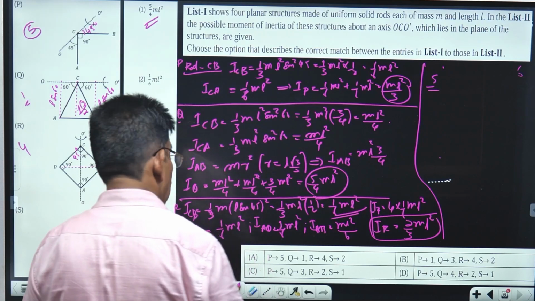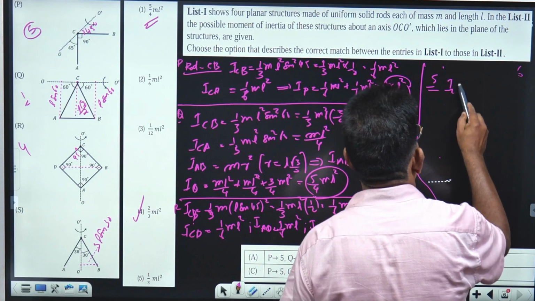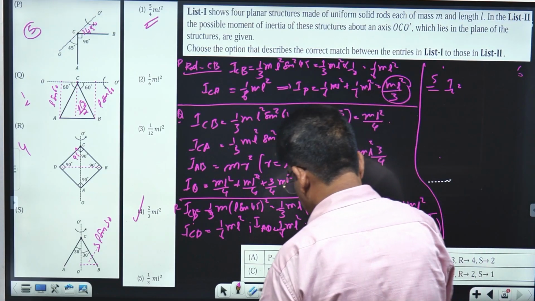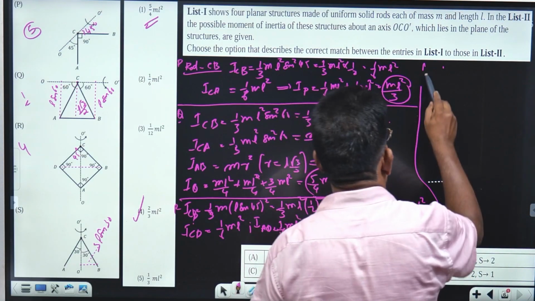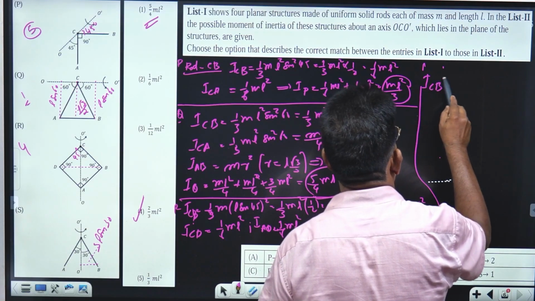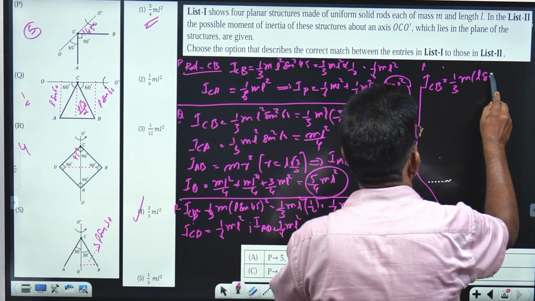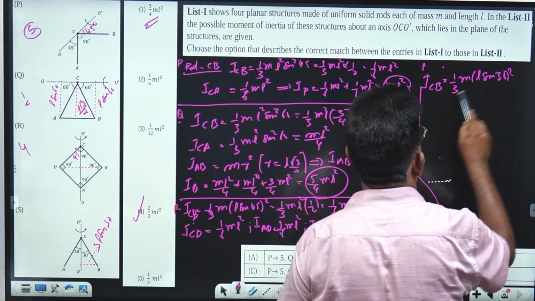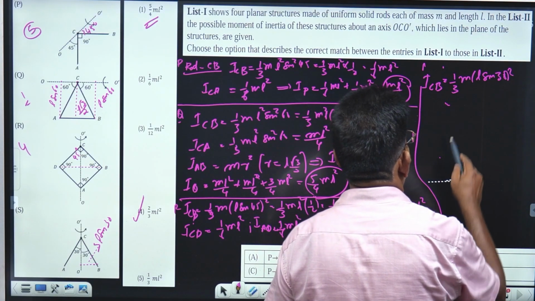Now, in S, I can write ICB. We have only 2 rods, ICB and ICD. What is that? 1 by 3 m L sine 30 whole square. Sine 30 is half, that is m L square by 4 into 1 by 3.